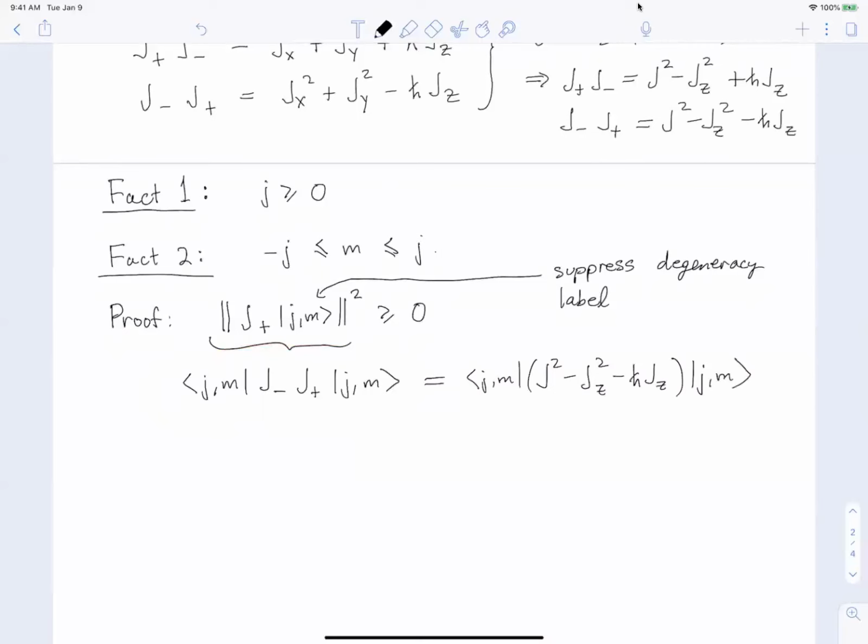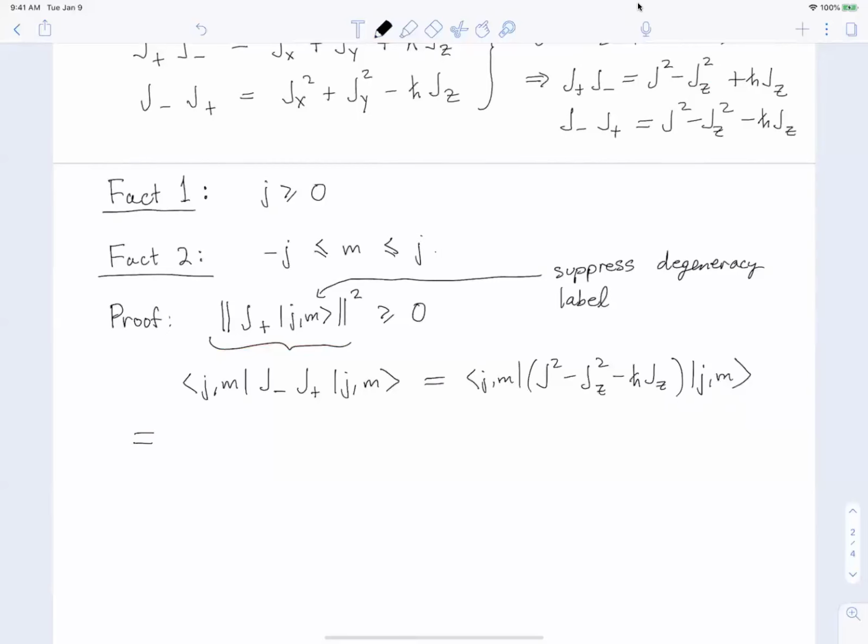So now we can see why this was a useful thing to write down. So we're actually stealing this expression right here. But the reason this is useful is because now everything that appears in the operator acting on this state to the right of it is a simple thing, because these are eigenstates of j squared and j sub z.